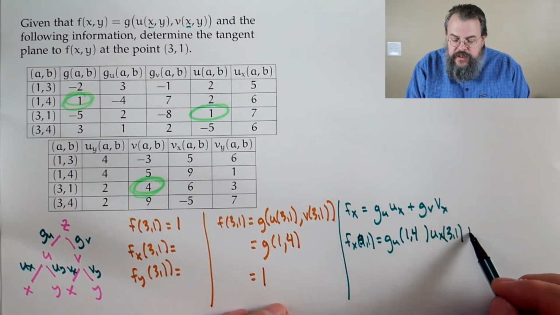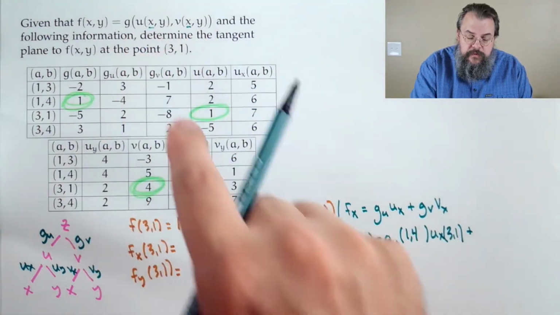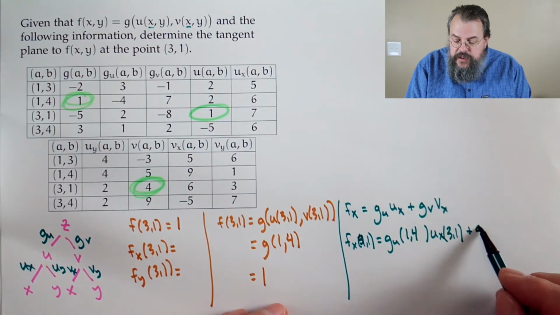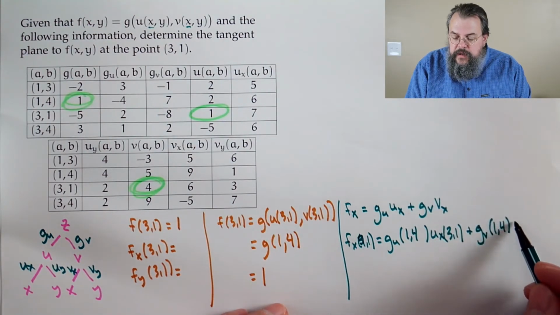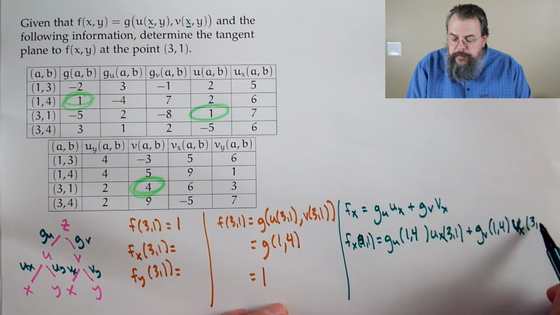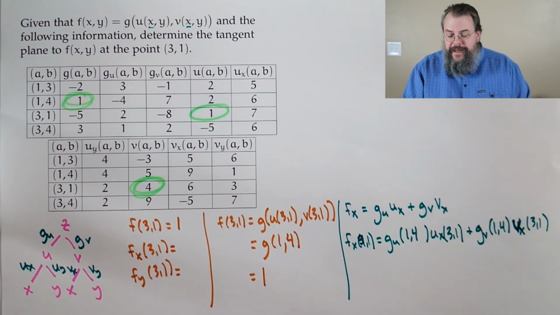And then we're going to have g sub v. Again, it's g sub v, but we're still going to have the u and v going into it. So g sub v at 1, 4, and v sub x at 3, 1. Okay, so that's what happens when we plug in 3, 1.